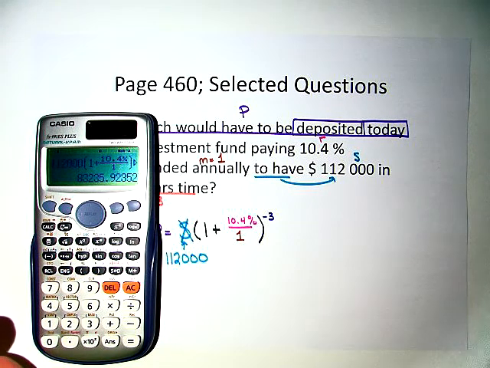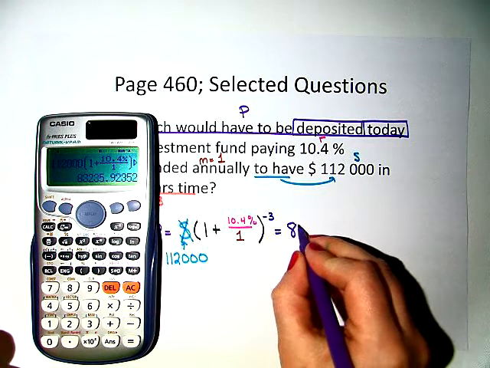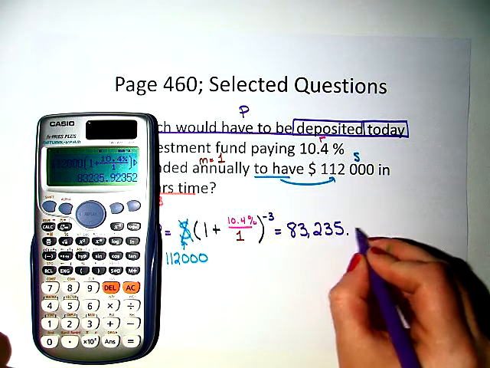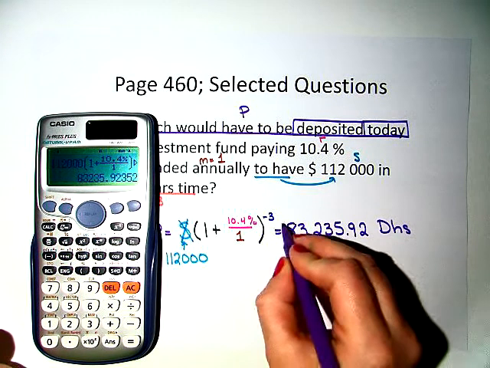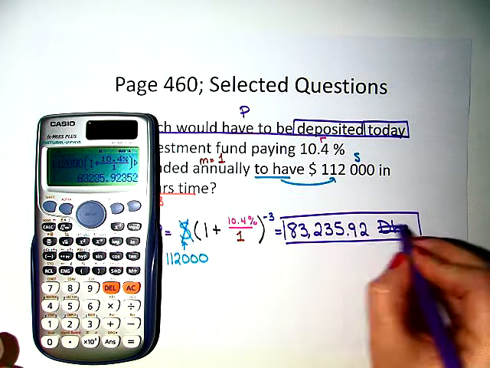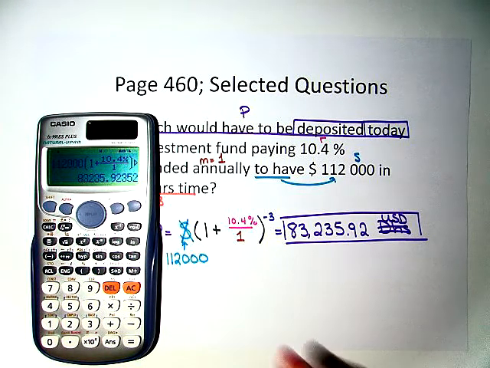And we get an initial amount needed to be deposited of $83,235.92. Dollars, because we're looking at dollars in this equation.